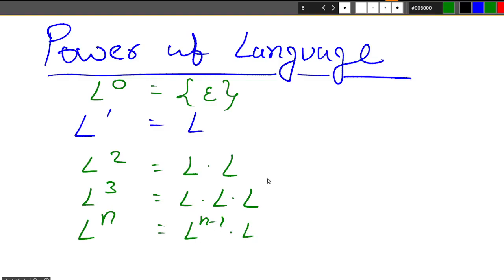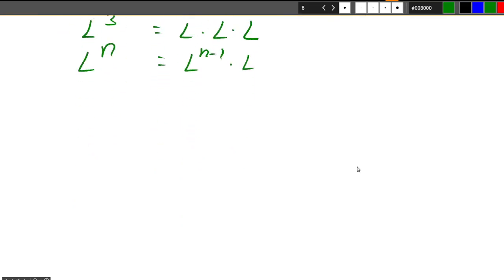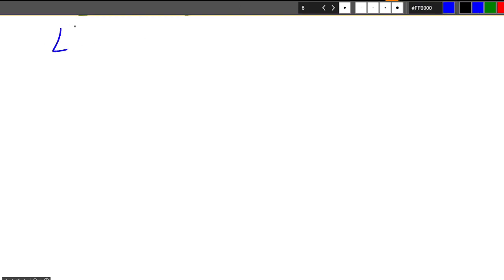As you have seen the Kleene closure and positive closure for strings, similarly you can have Kleene closure and positive closure for languages.